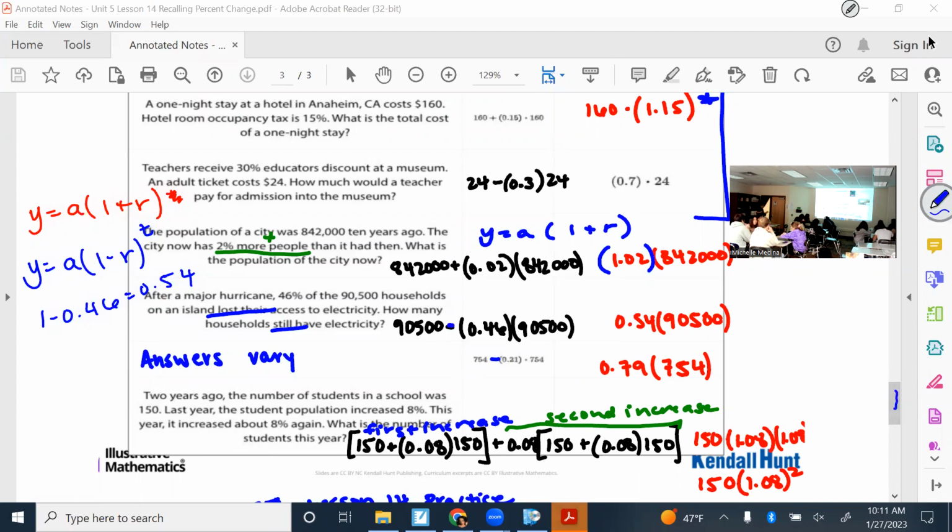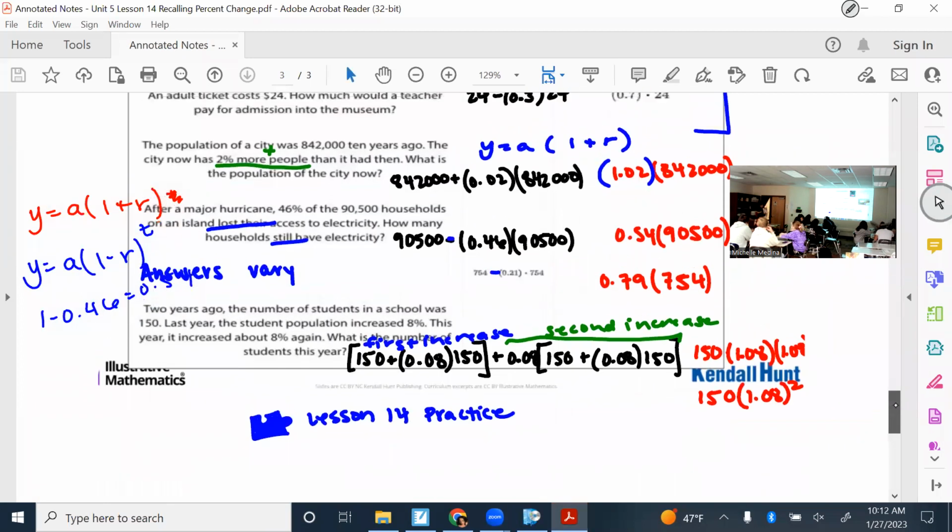All right, the last one was more of a challenge, but it's also more like what we've seen in our examples for exponentials. Because usually we're looking at a change that's happening every year versus just the one time. So that's why it's in brackets, because it says the number of students in a school was 150, then it grew 8%.